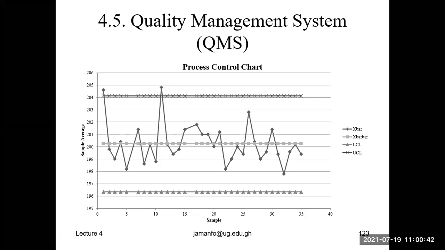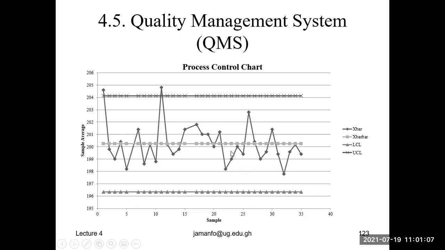We get this data as we measure products from the production line. And then we compute the means of these data we have, and then the means of means to generate this statistical process control chart.